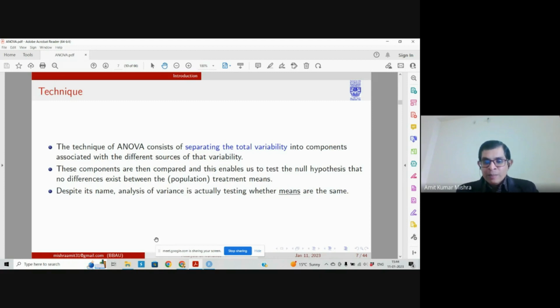In the example of sales, accounts, and admin, if a person has been given a job in the sales department, we are treating them as sales employees. Treatment in that sense. Despite its name, analysis of variance is actually testing whether the means are the same or not.